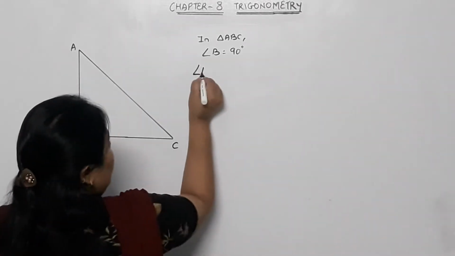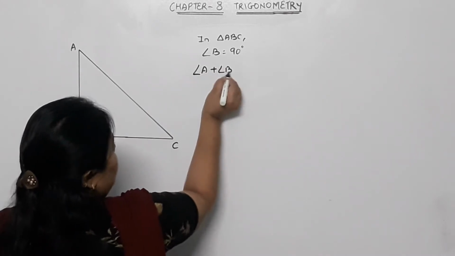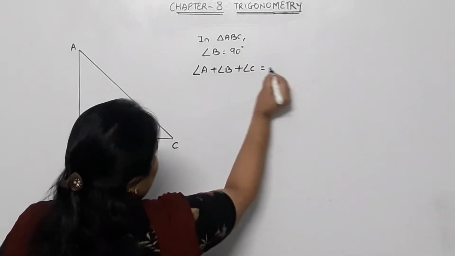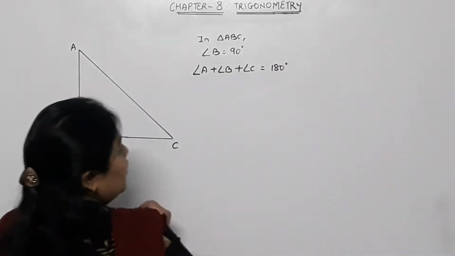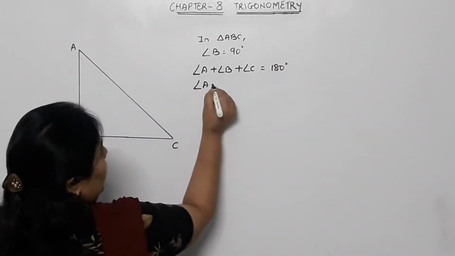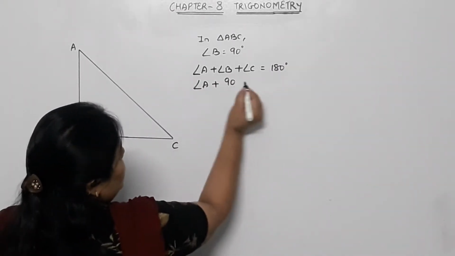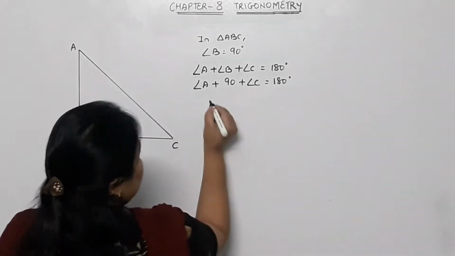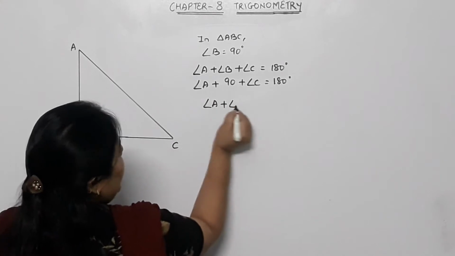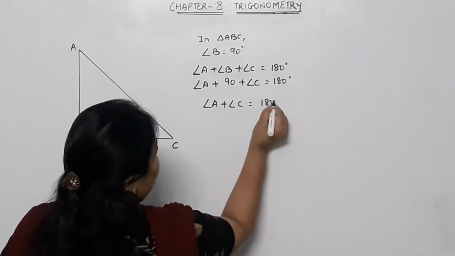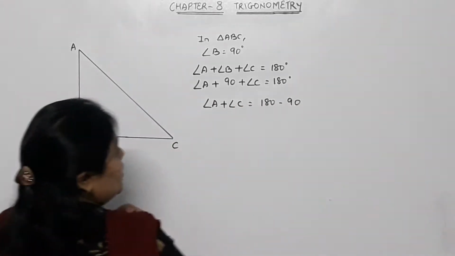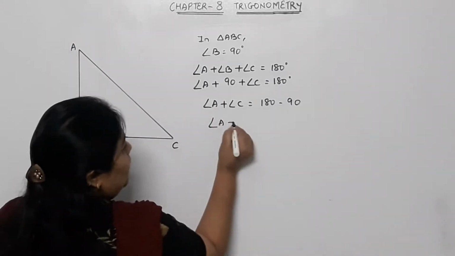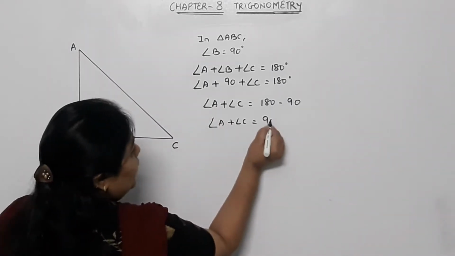So, angle A plus angle B plus angle C is equal to 180 degree. Angle A plus angle B is 90 degree and angle C we don't know. So, angle A plus angle C is equal to 180 minus 90. Angle A plus angle C equals 90 degree.